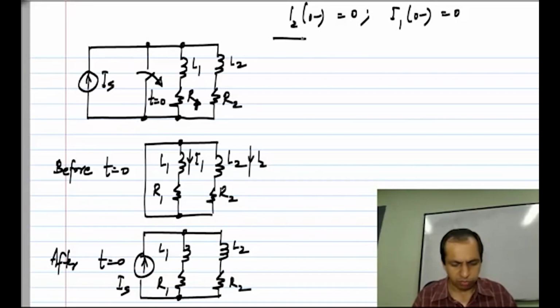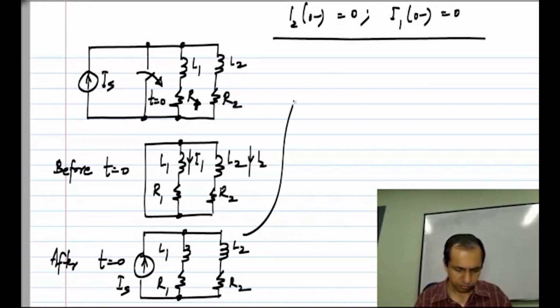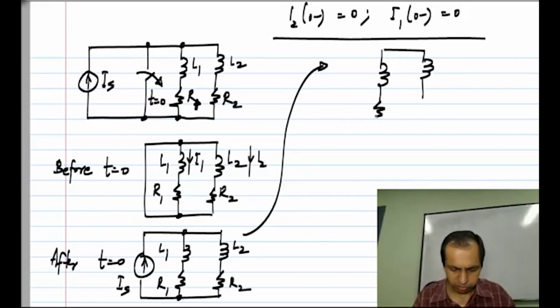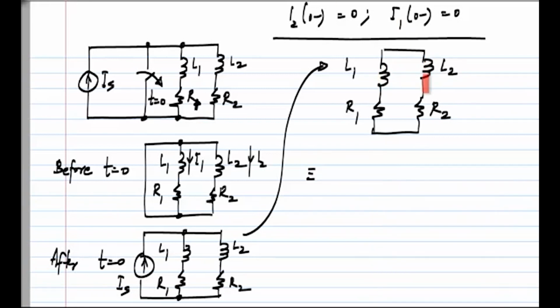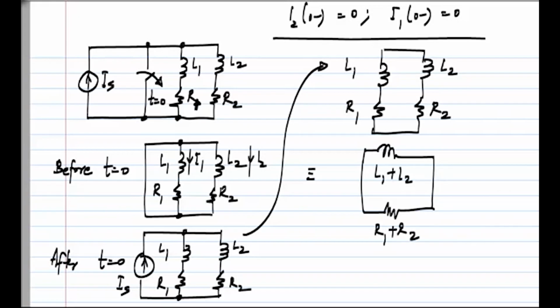So first of all, what is the order of the circuit? If I take the source free circuit, that is with the current source open circuited, what do I have? I have the single loop R1, R2, L1, L2, and you can see that these two inductors are in series, these two resistors are in series. So we have a single inductor of L1 plus L2, and across that we have a single resistor R1 plus R2.